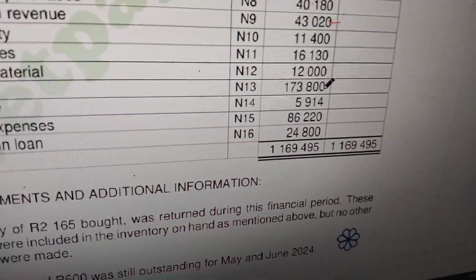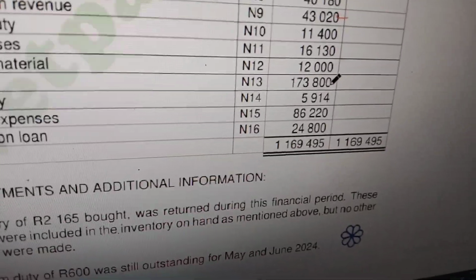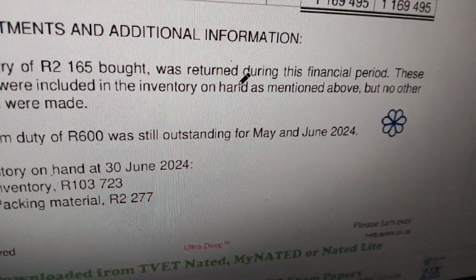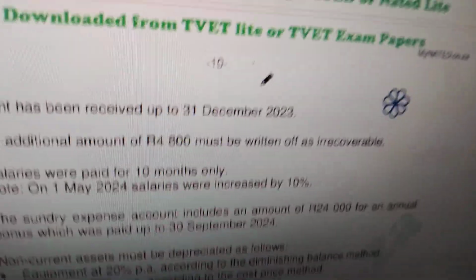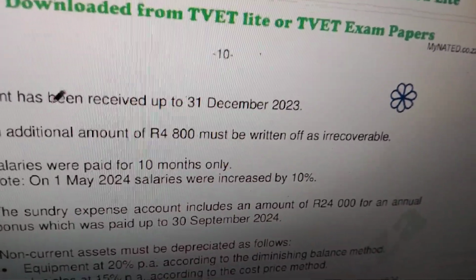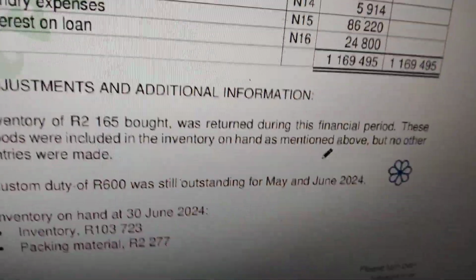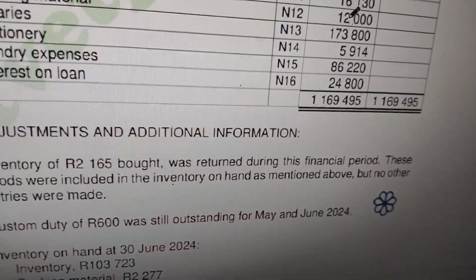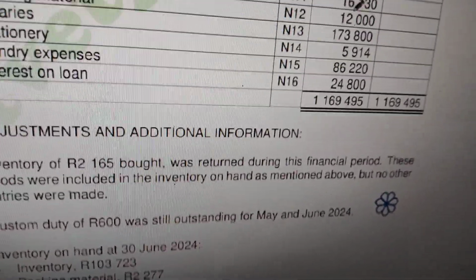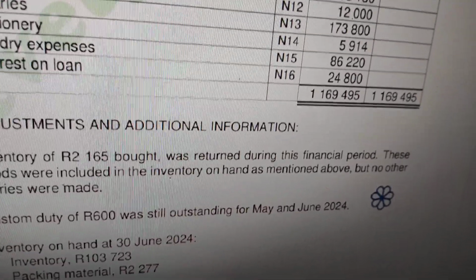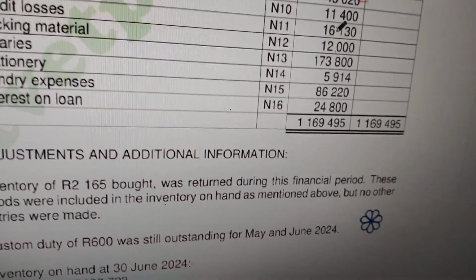But when we go through our additional information, we get that there are other people who are still owing us 4,800. So literally, this 16,108 is not the amount that these people are owing us.